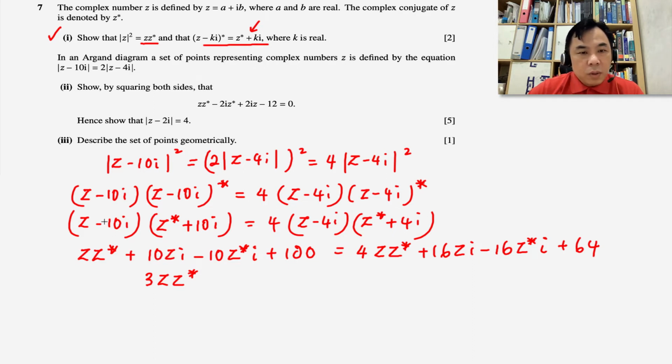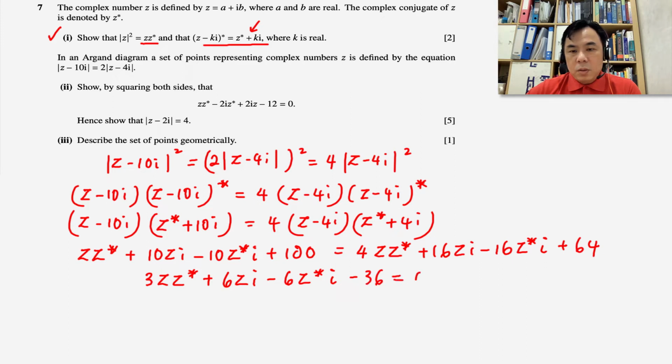We have 10z, yep, correct. This is a 4, let me see, 4 for 16 there. Yep, that's correct. Therefore, I'm going to move over there. That will be plus 6zi. And then the same thing here, there will be 6z complex conjugate i. And then finally, I will have my negative 36 equal to 0.